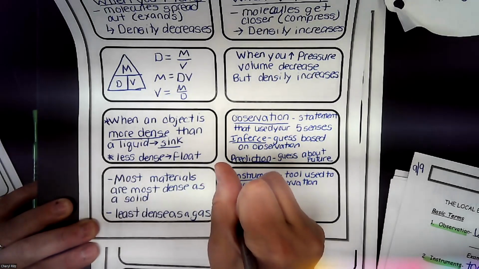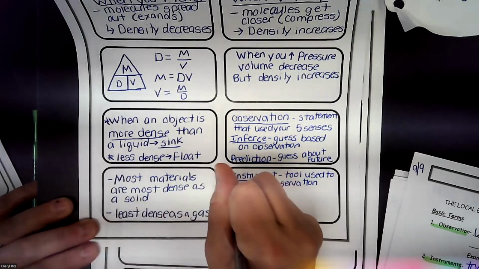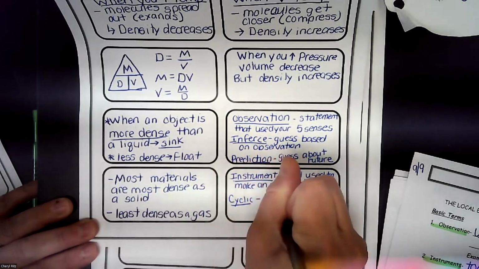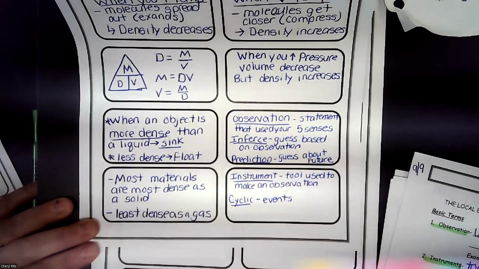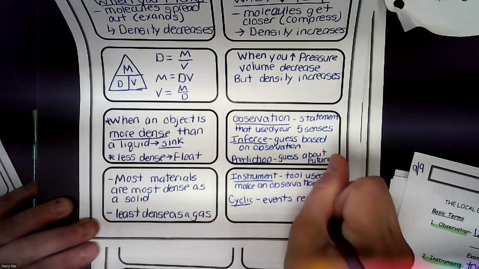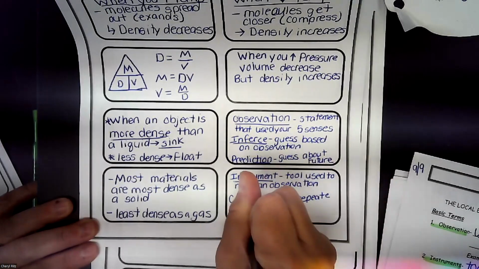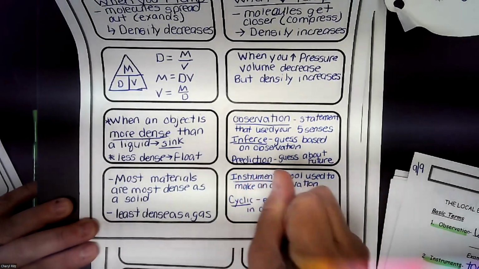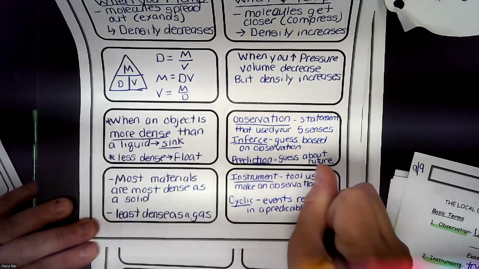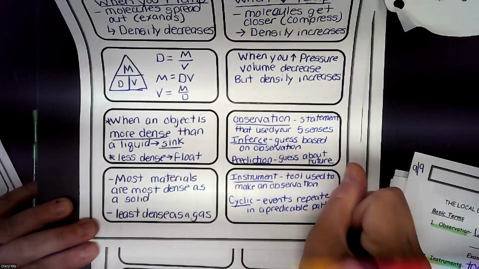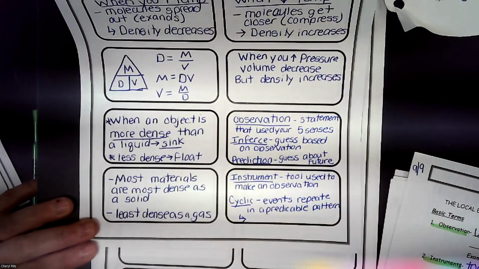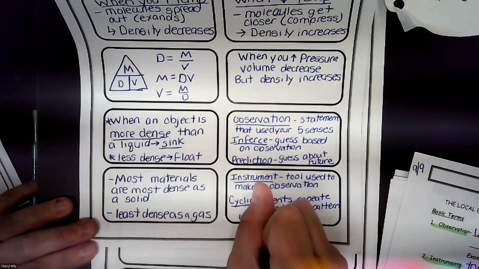Another word that is going to come up on the test, cyclic. What do these events do if they repeat? Repeat in a predictable pattern. The best example is events that happen in our solar system.